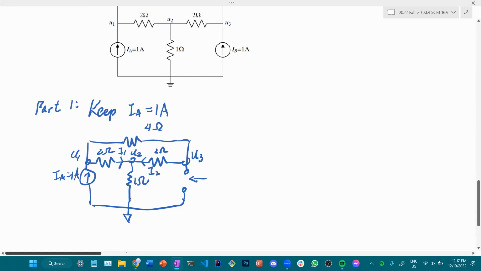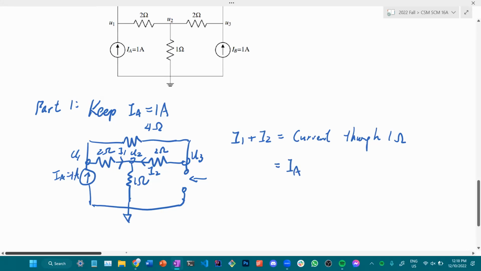So what you would notice is that I1 plus I2, which is equal to the current flowing through the 1 ohm, is exactly the current that IA offers.